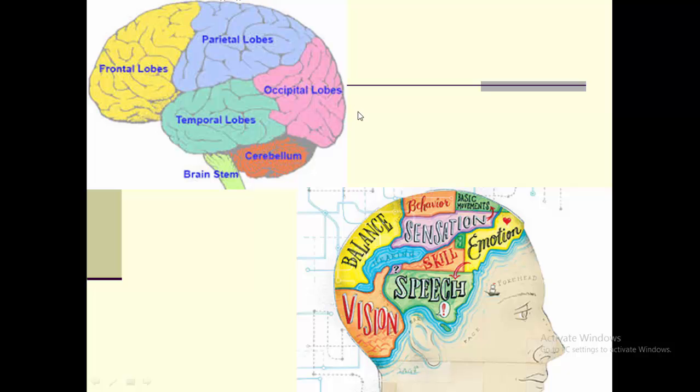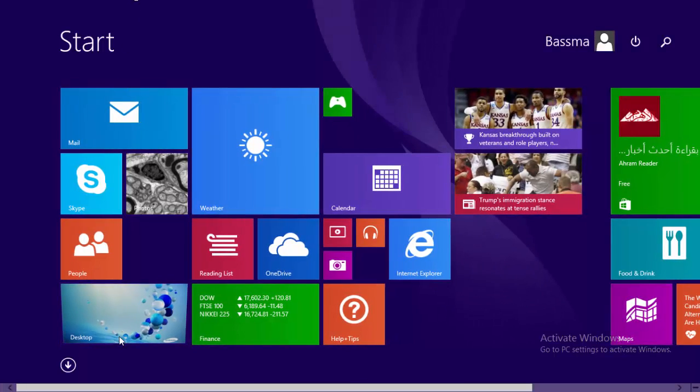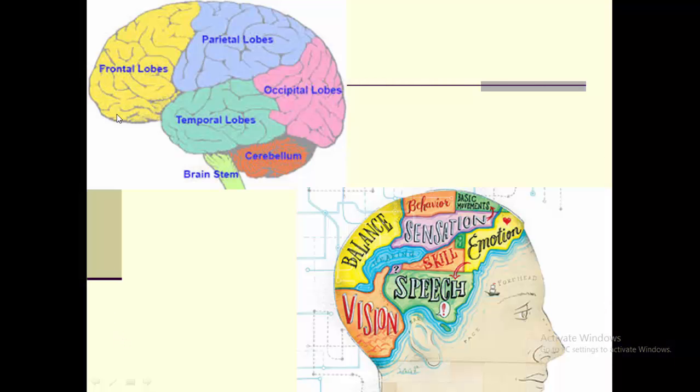We have lobes in the brain, starting from forward as we go backwards. This is the front aspect of the brain, and this is the back. This is the frontal lobe, the very front, the very first thing that is just above your eyes.